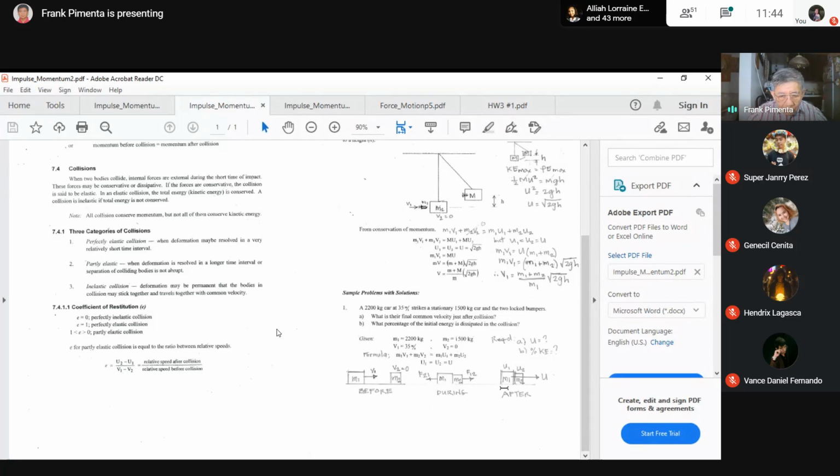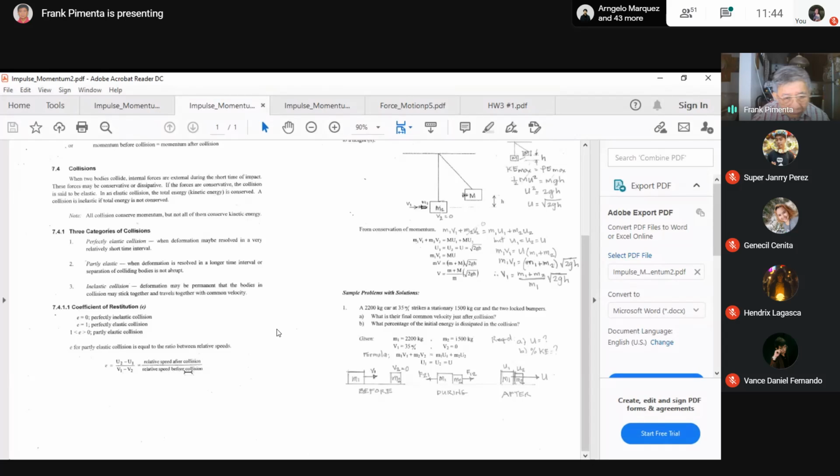So if we go here, this is considered an inelastic collision and e equals 0. So if we put e equals (u2 minus u1) over (v1 minus v2) equals 0, e is 0.